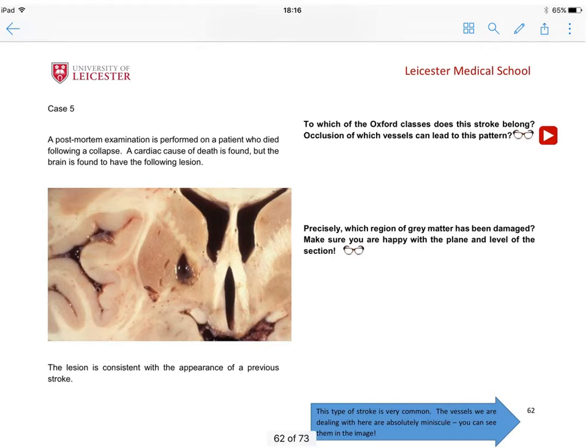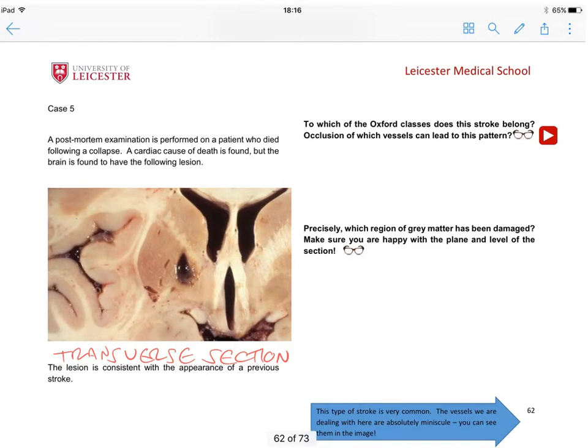It is a coronal section because that's the plane that pathologists always cut in, but in this segment that we're looking at it's pretty much indistinguishable from a transverse section. So we're going to assume that this is a transverse section, and that'll become important later on in the question.